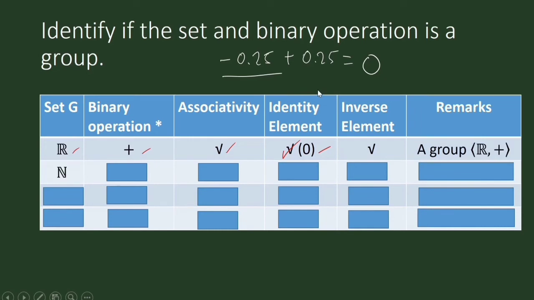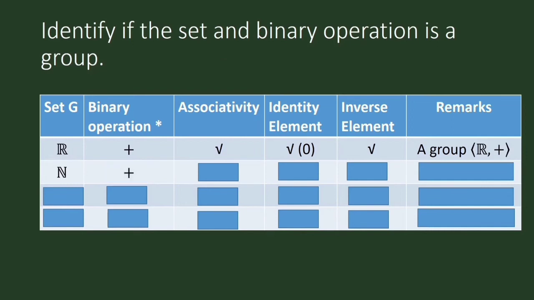How about the set of natural numbers and the operation of addition? Again, a group is a set and an operation, in particular a binary operation, and here the operation is addition. Is it associative in the set of natural numbers? Yes. Does it have an identity element? None. The identity element for addition is 0, but 0 is not to be found in the set of natural numbers.